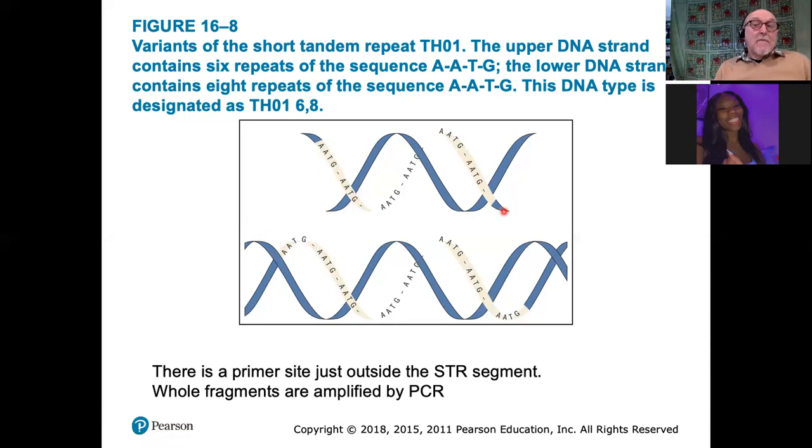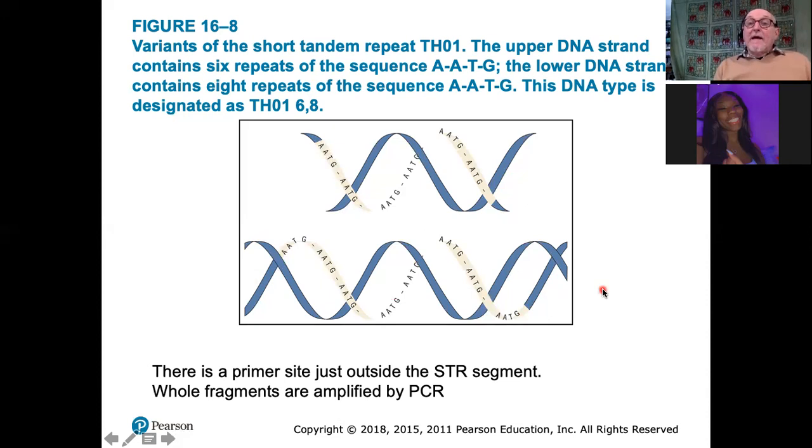It doesn't matter, because we're going to run the PCR over and over, and we're going to end up with abundant DNA just of that length there, and abundant DNA of that length there. And the reason is we knew what primers to make. We knew to make a primer for there. We knew to make a primer for there, so that replication would only take place there and there.